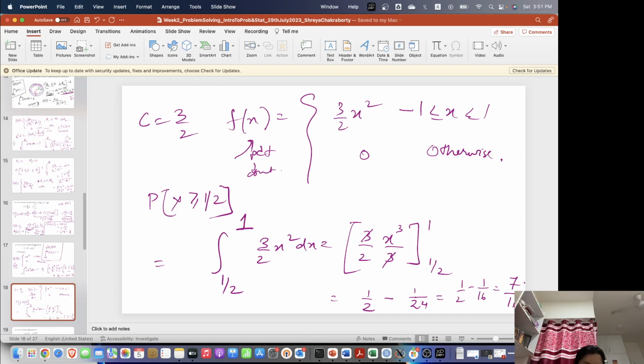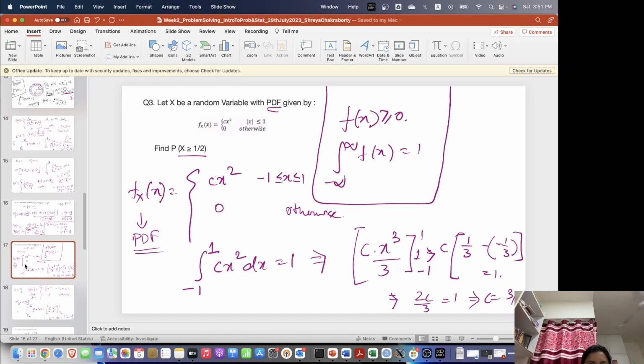Excuse me, ma'am. How did you get the range -1 to 1? Because it is given that mod x is less than or equal to 1. So this means -1 less than or equal to x less than or equal to 1.